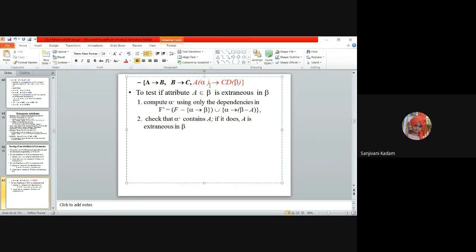Right now we are talking about this functional dependency, A gives CD, and here also we want to check whether the C attribute in beta is extraneous or not.